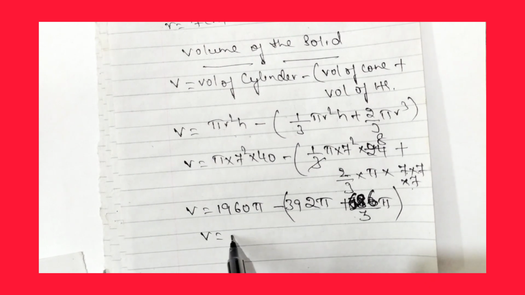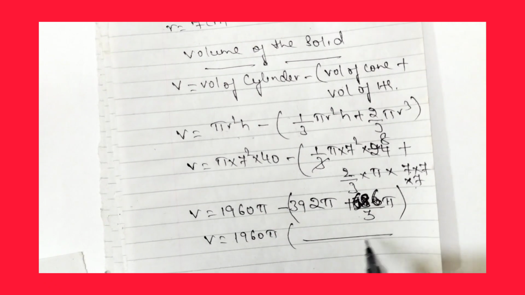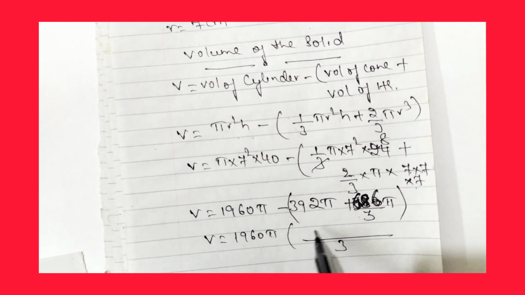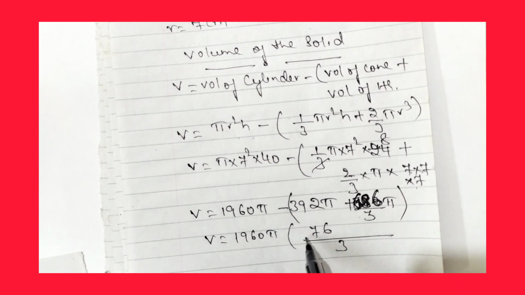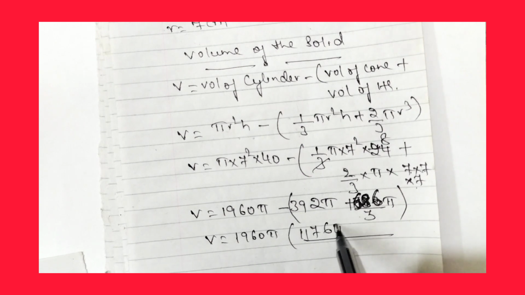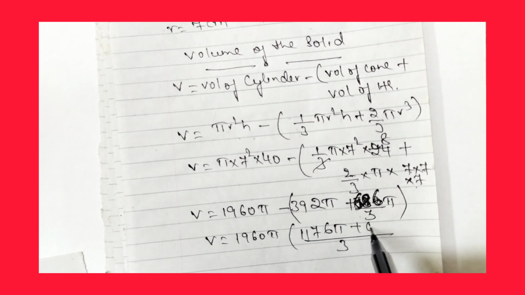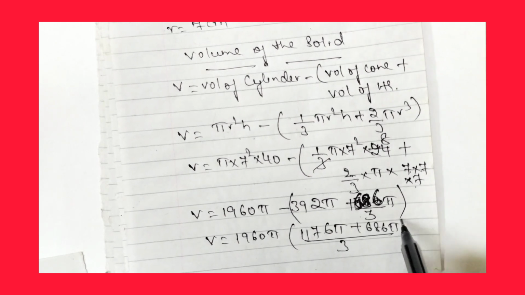So volume is equal to 1960 pi into, if you take LCM as 3, so 3 twos are 6, 3 nines are 27, 2 carry, 3 threes are 9 plus 2, 11. So 1176 pi plus 686 pi.